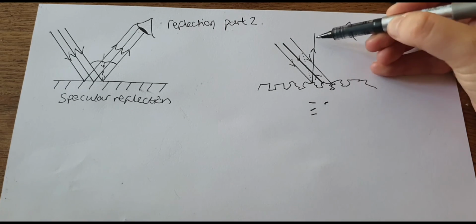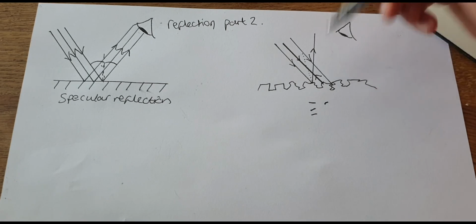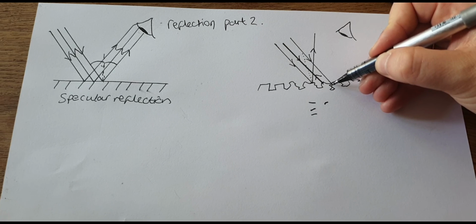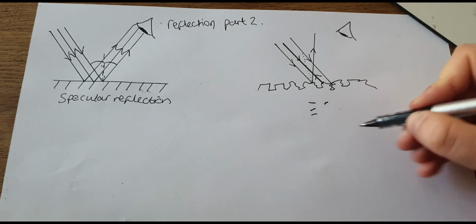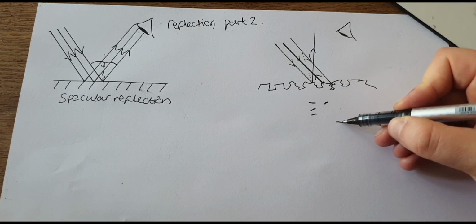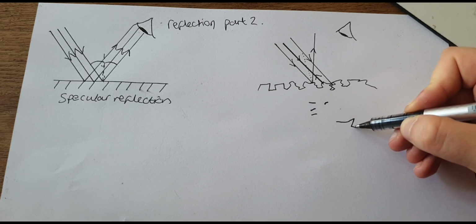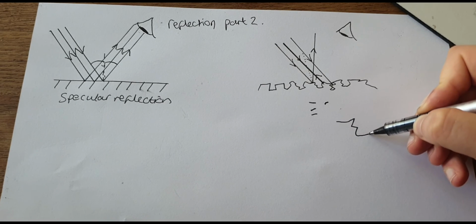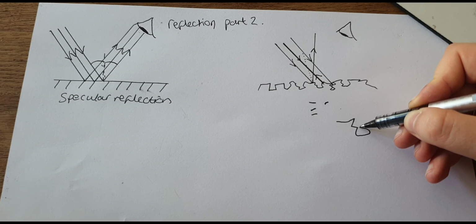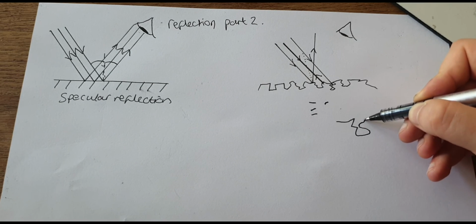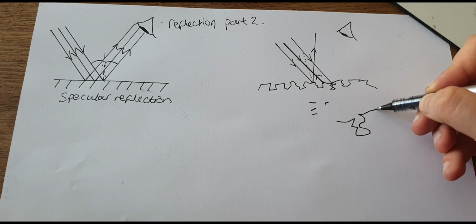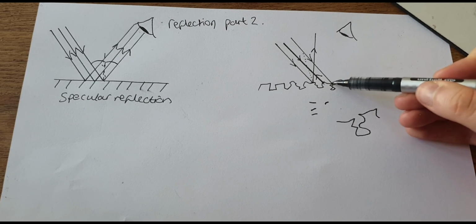So we've got one coming off here, one coming off here. What's this one going to do? If I magnified that, this is what it looks like. Roughly. Can you see that section there?